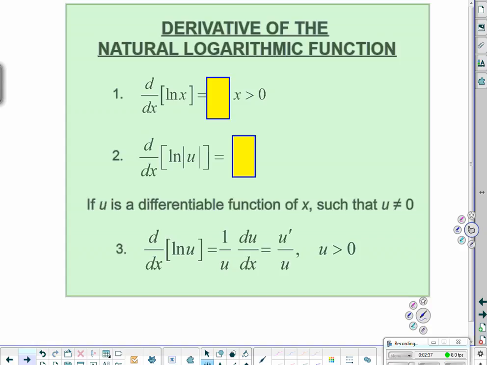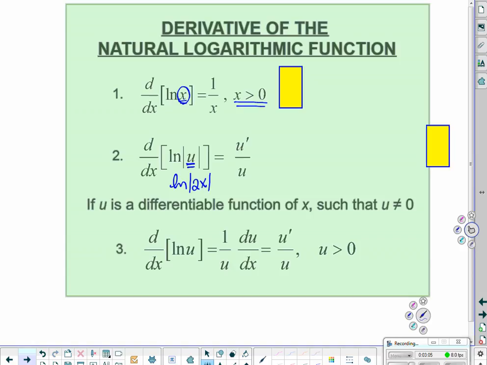So derivative of natural logs, we worked with these earlier. If you remember, the derivative of natural log x will be 1 over x. And we must insist that x be greater than 0 for that domain of x. And secondly, if u happen to be a function instead of just a simple little x to the first power, if u was something a little bit more like natural log of 2x, well, how would we deal with that?